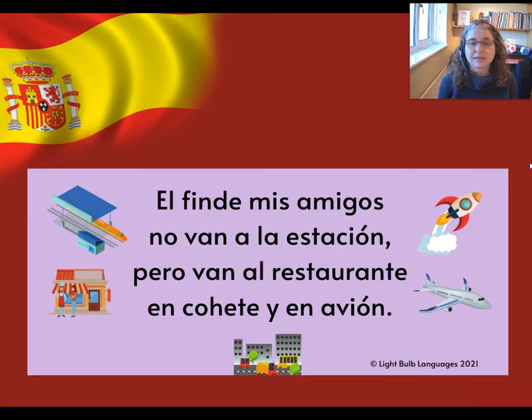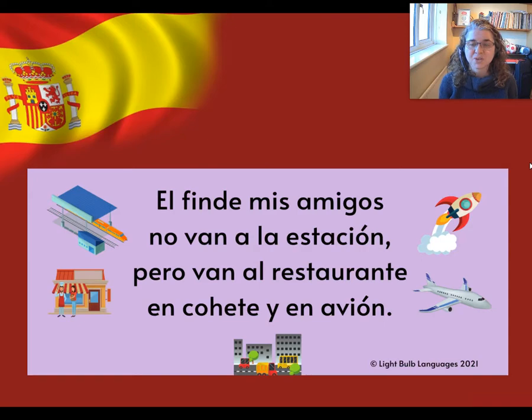El fin de mis amigos no van a la estación, pero van al restaurante en cohete y en avión.